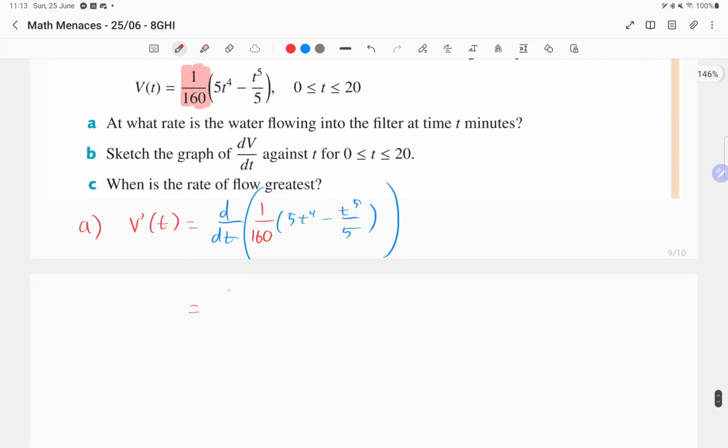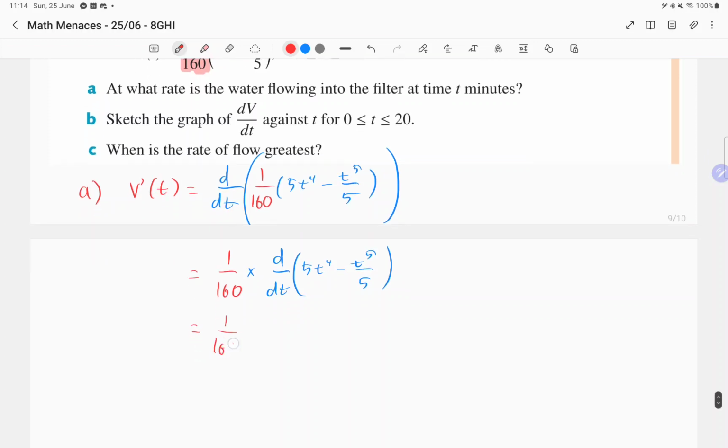You can take the constant factor out first, and then you only derive what's inside it. But how do you derive t power 5 over 5? That is again dividing by a constant number. If you're dividing by a constant number, you can just ignore the constant factor first. So it'll be 1 over 160 and then times, now I actually derive it.